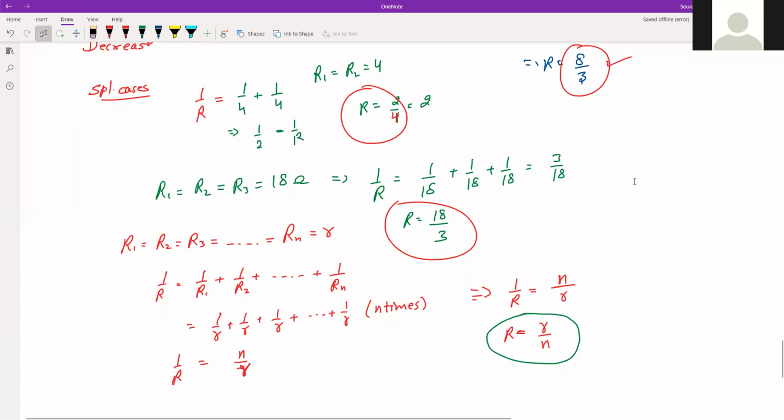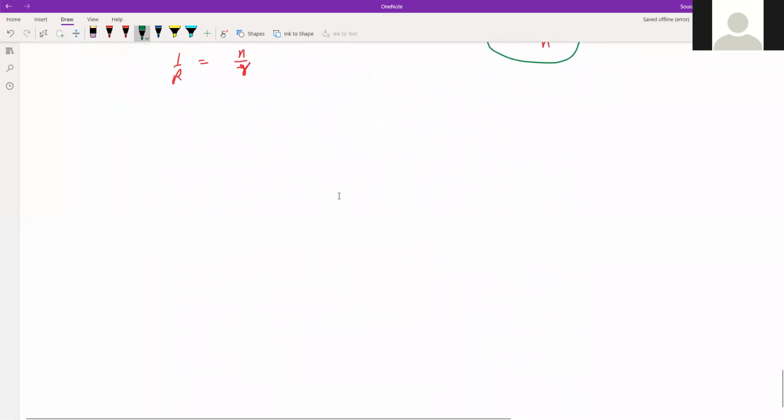So this is the special case which we saw, that resistance gets divided in parallel. If two resistors in parallel are, say, 9 ohm and 9 ohm, their equivalent will be 4.5 ohm, or 9 by 2 ohms.